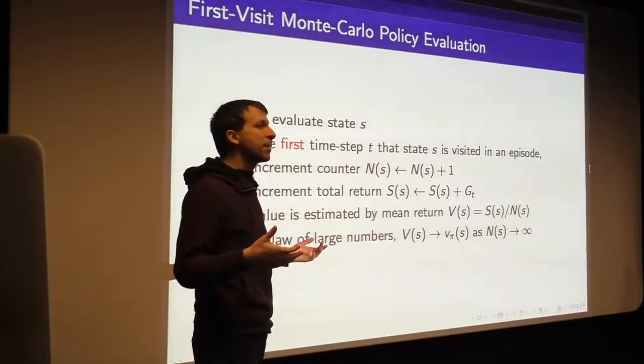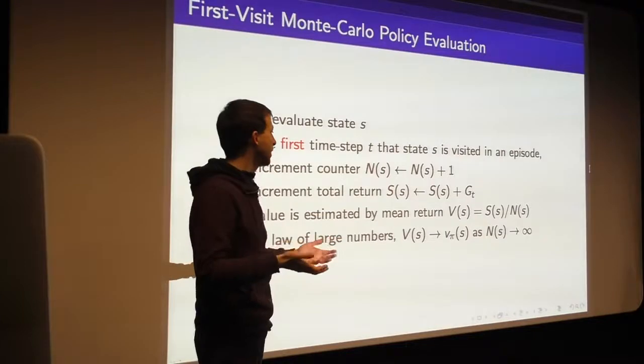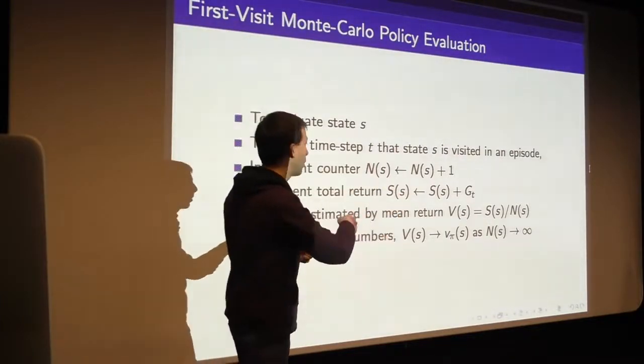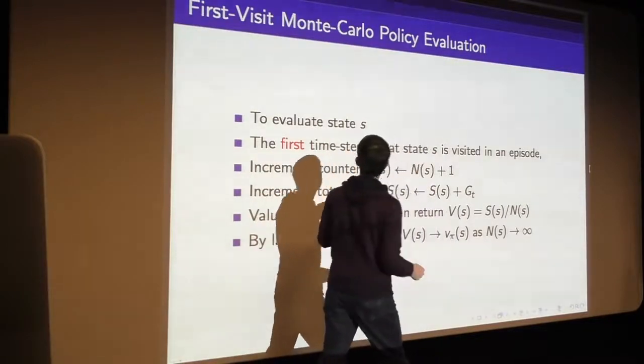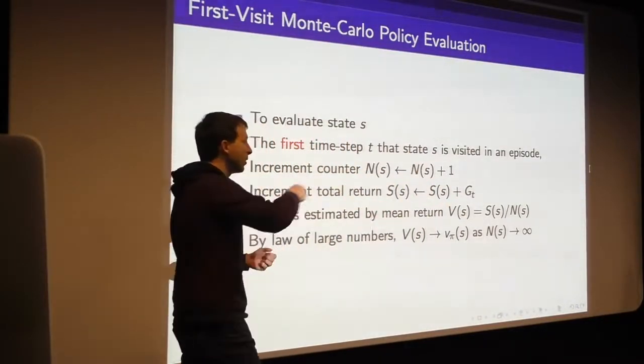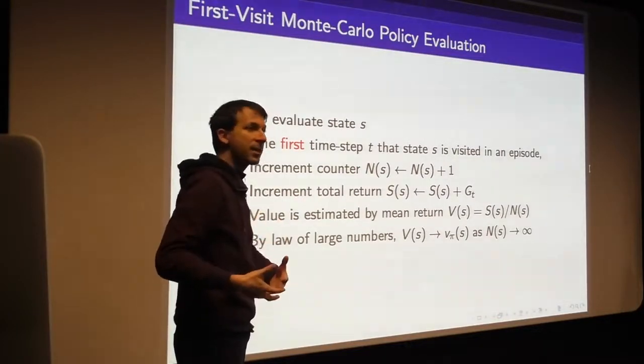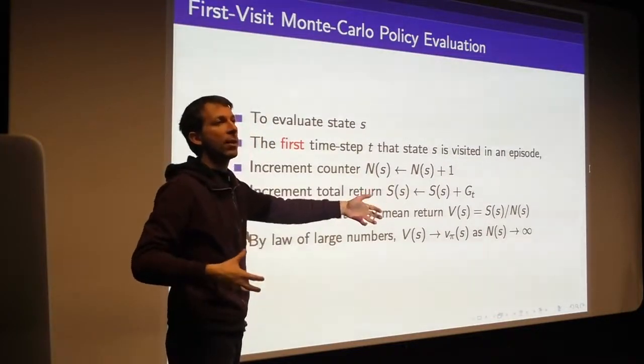The only requirement is that we somehow visit all of these states, and we do that by just sampling along our policy itself. We generate trajectories along our policy again and again, look at the returns from the first time you visit a state onwards, and average over those returns.